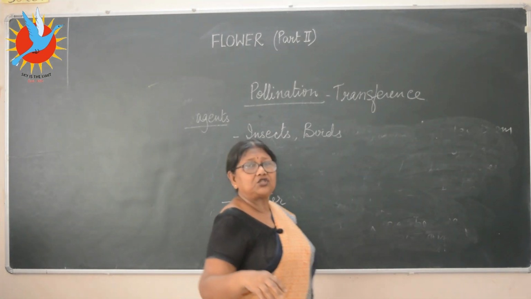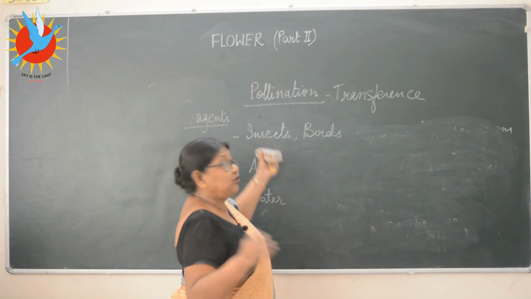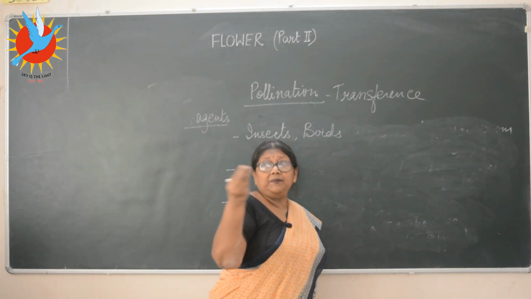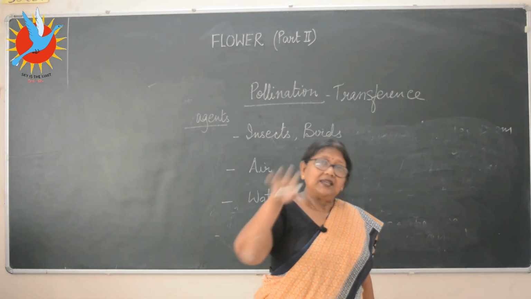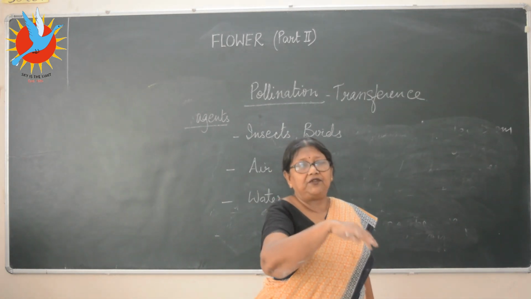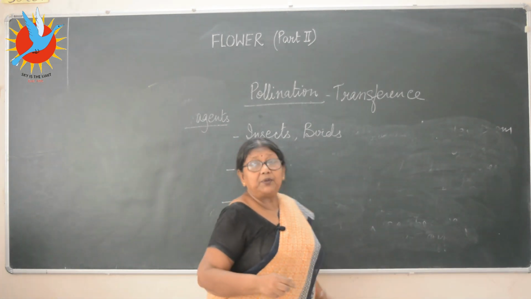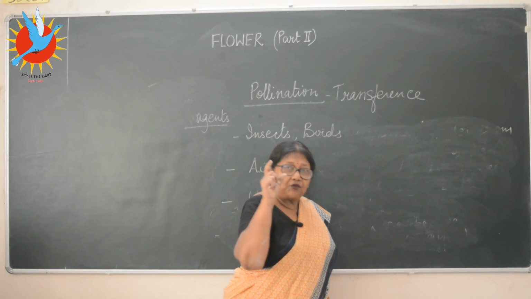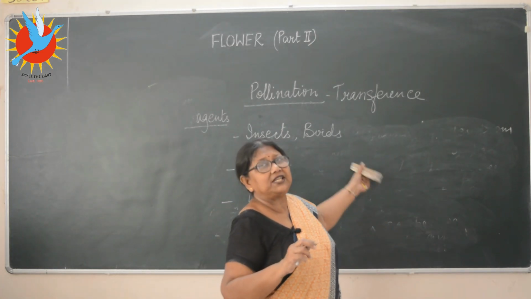For pollen grains to be transferred, it can be by insects or birds. You have seen the butterflies and the bees roaming around in the flowers, sitting on one flower and going to the other flower, visiting different flowers. How do they bring about the pollination? What type of flowers are needed for this type of pollination?